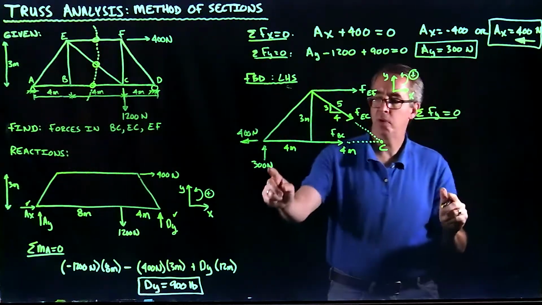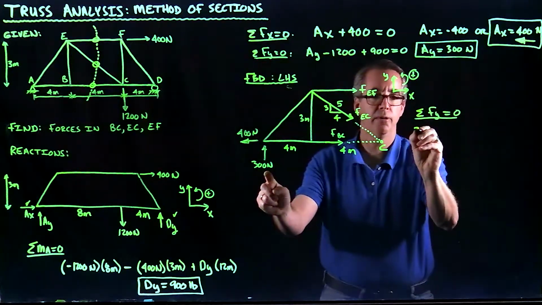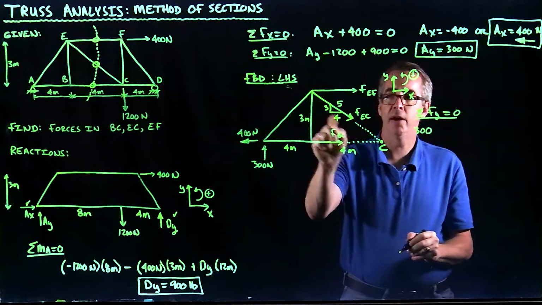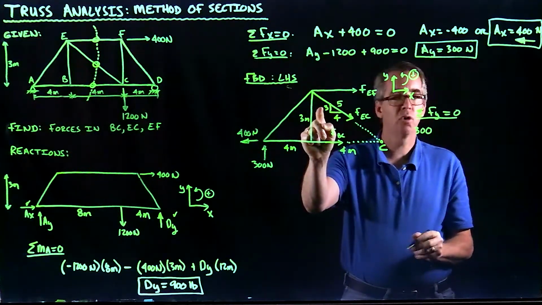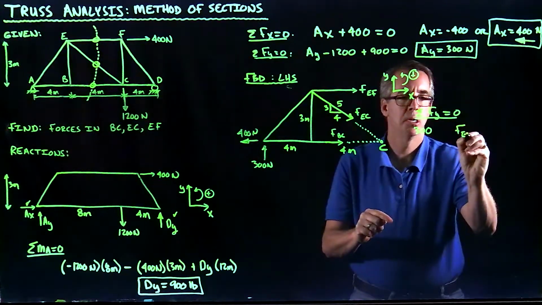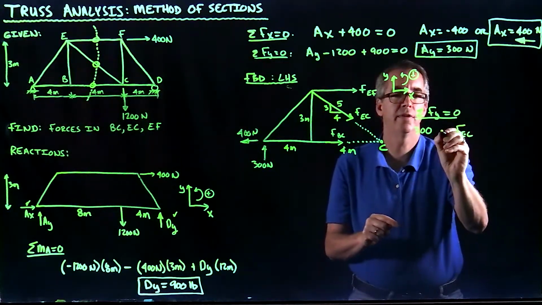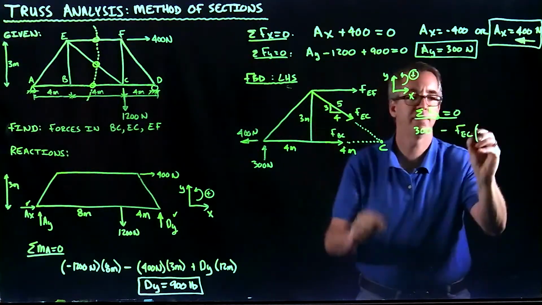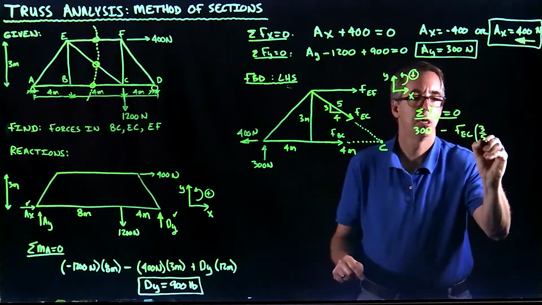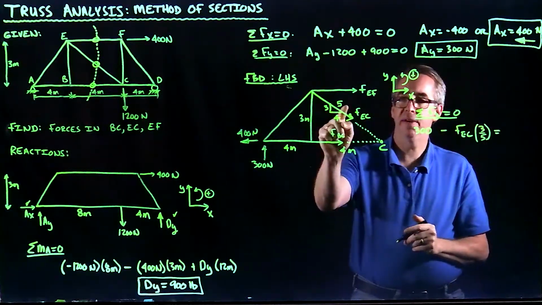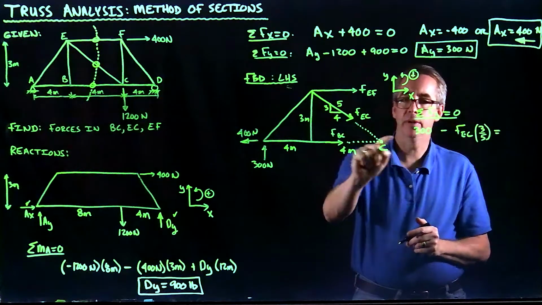Okay. So in the y direction, I've got 300 newtons going up. Coming down, I'm going to have the vertical component of FEC, and that's a negative, and its vertical component is going to be 3/5. So I have 3/5 of FEC going down, negative.